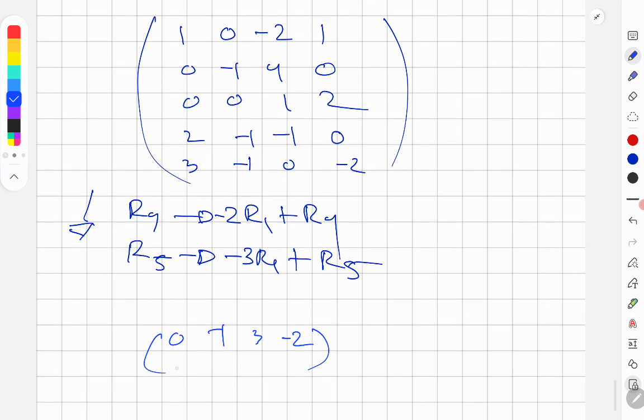For the other row you will get 0, -3 or 1, 0, and this one -1 and 6. Multiplied by -3 gives 6, and this one will be -5. So now we got this thing.